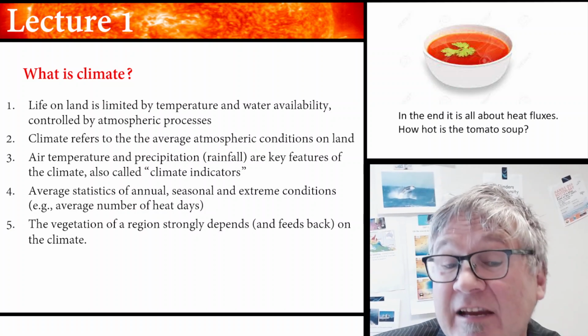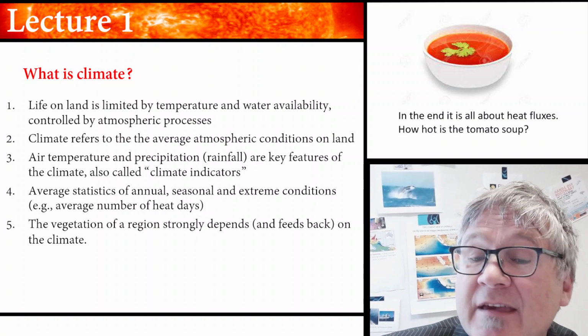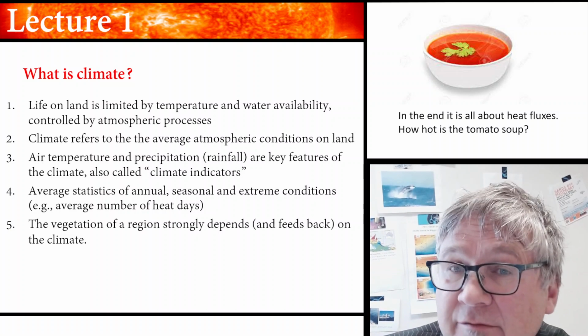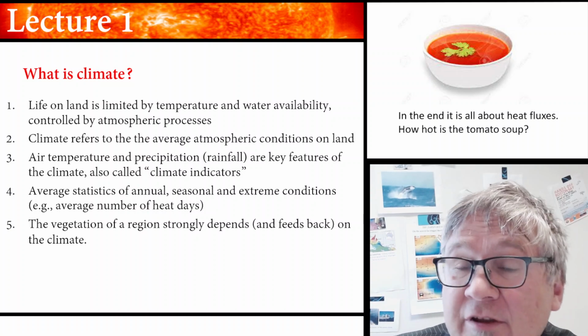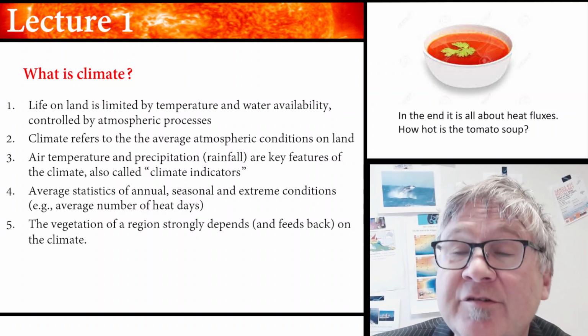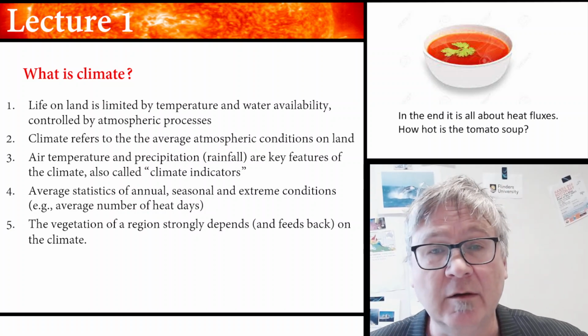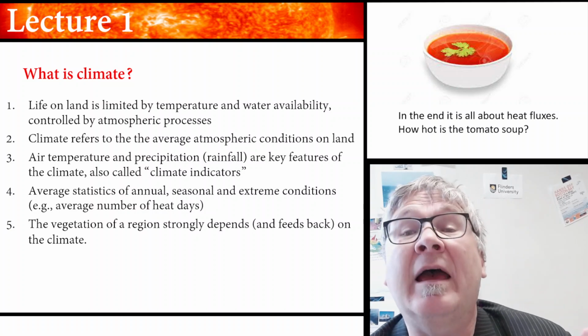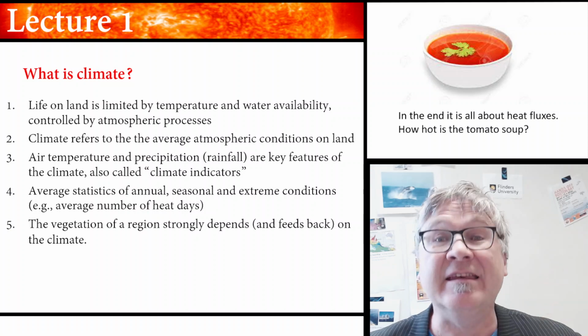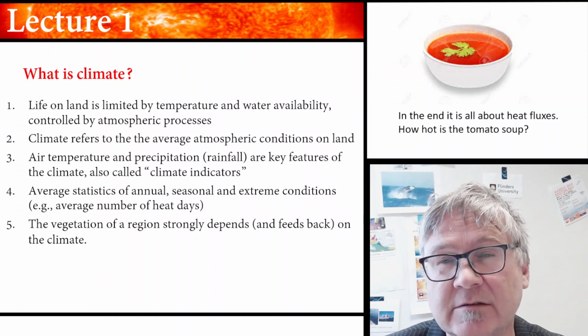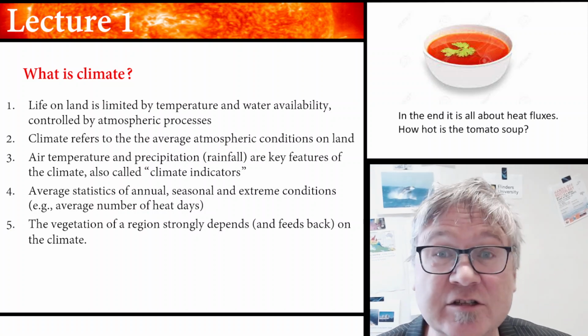The vegetation of a region strongly depends and feeds back on the climate. There's a strong link between climate and the type of vegetation that you get. In the end, you will also learn that it's all about heat fluxes and changes in heat fluxes.